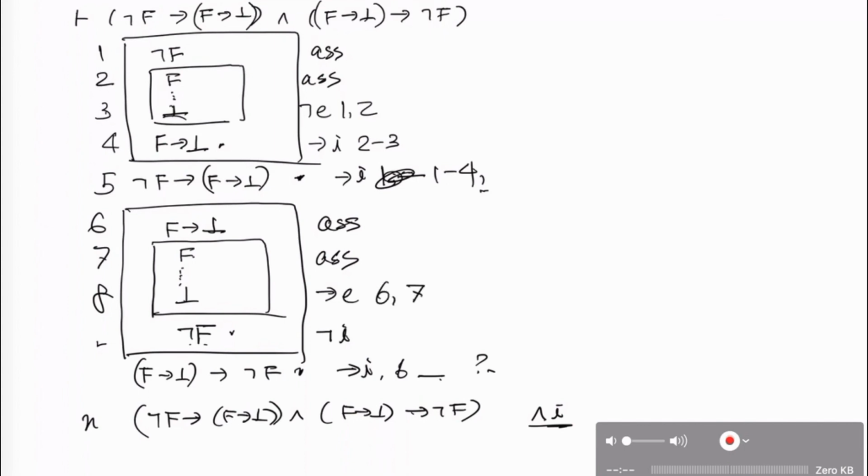Okay, so then we can get line 9 using the negation introduction rule from the box 7 to 8. Okay, and line 10, we now know that the box is from line 6 to 9, and this is actually line 11. Okay, so this is conjunction introduction for lines 5 and 10.